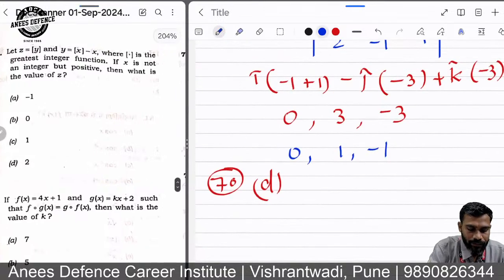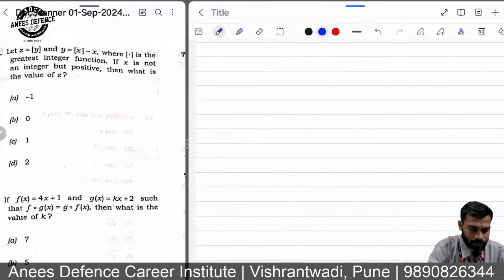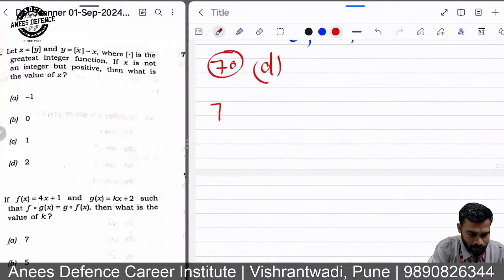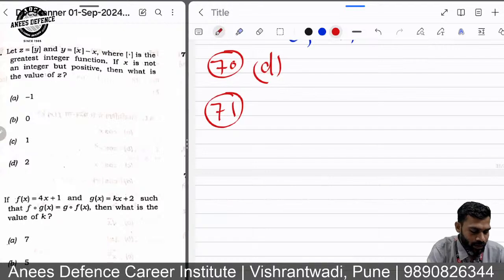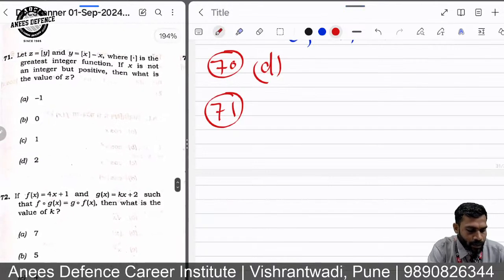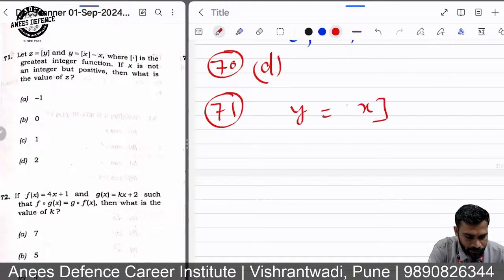Question number 71. So what is there? y is equal to GIF of x minus x, right? Now we need to find GIF of y.